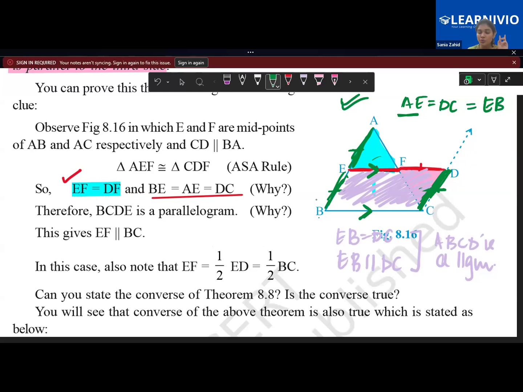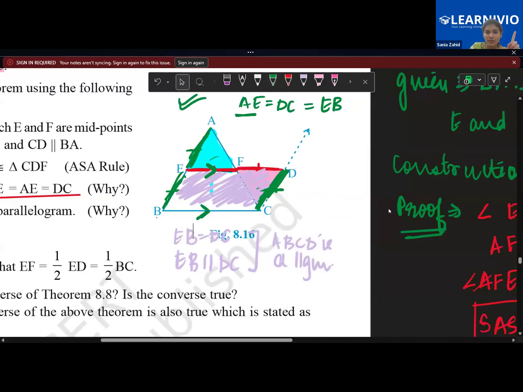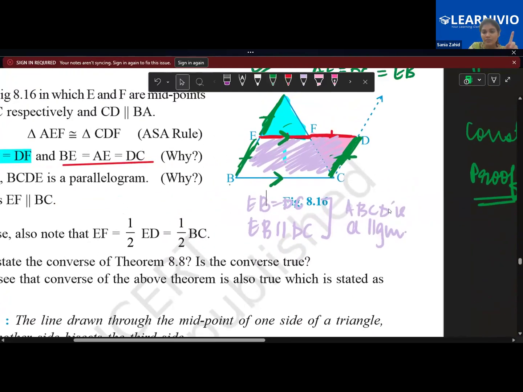I remember I told you two points of the midpoint theorem. The first is that the sides are parallel. So see, I got EF is parallel to BC. Now the second point was it is half of BC. Now children, look very carefully at this point. What do I have?